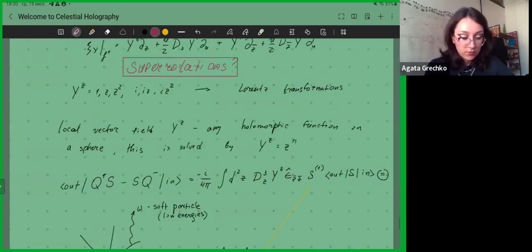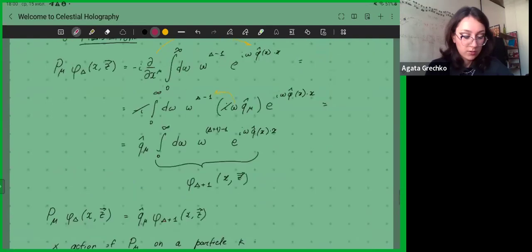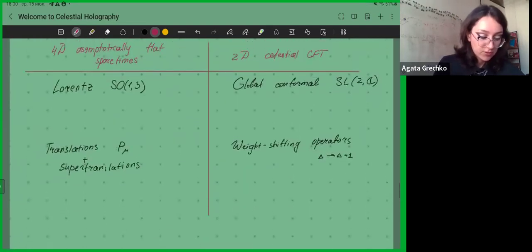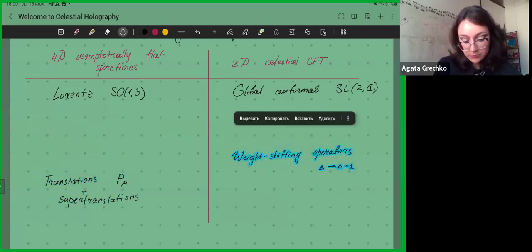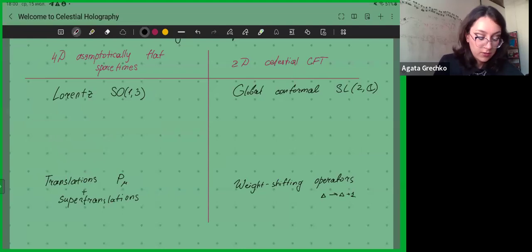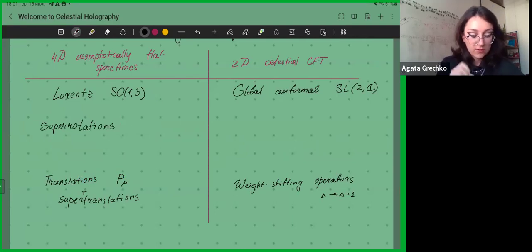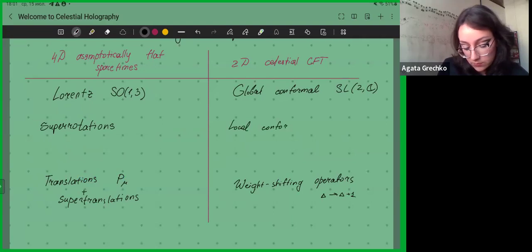So, concluding our little dictionary here, what we got is that superrotational symmetry, superrotations for shortness, correspond to local conformal transformations.